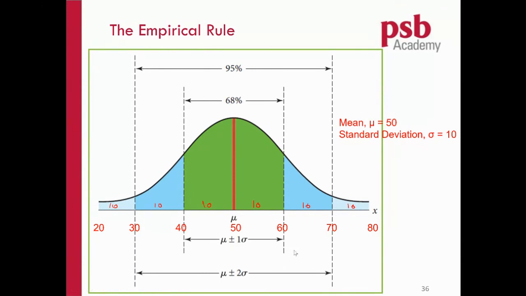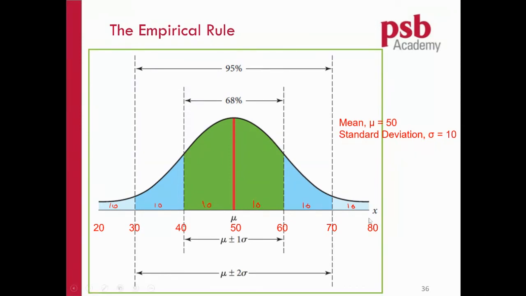Okay, another one. We can also say that 95% of the data falls between 30 and 70. And the last one is 99.7, right? So 99.7% of the data will fall between 20 and 80.